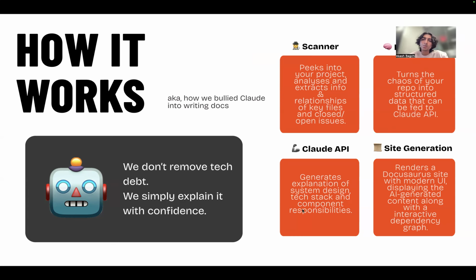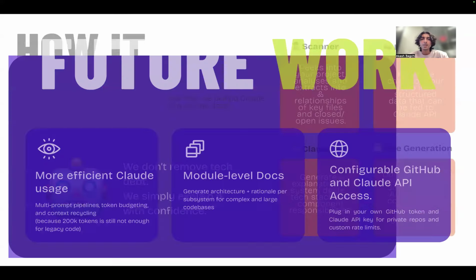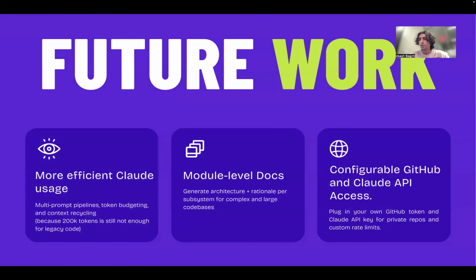The Claude API using Amazon Bedrock then creates an explanation of the system design, tech stack, and component responsibilities. And finally, we turn that response into a website using Docusaurus to generate a documentation website akin to following all industry standards of today.